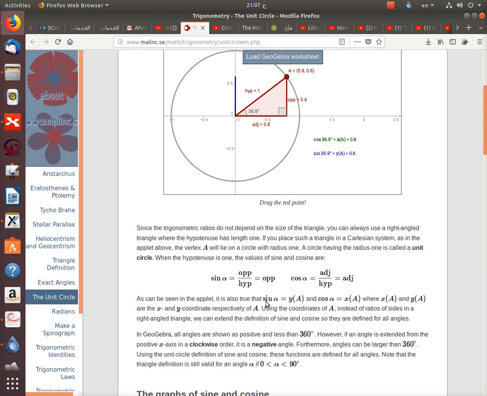So the sine of this angle is the y of A, which is 0.6, and the cosine of that angle is the x of A, which is 0.8, as you can see here, where x and y are the x and y coordinates respectively of A. Using the coordinates of A instead of ratios of sides in a right triangle, we can extend the definition of sine and cosine so they are defined for all of the angles.